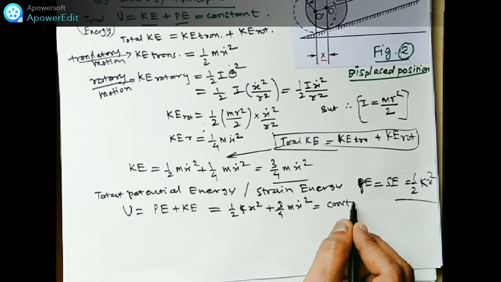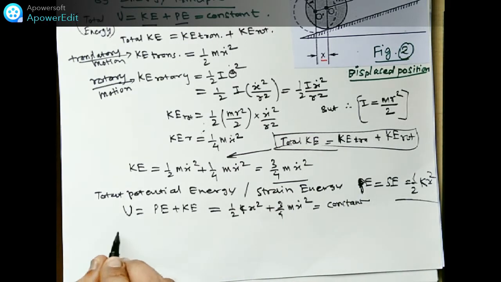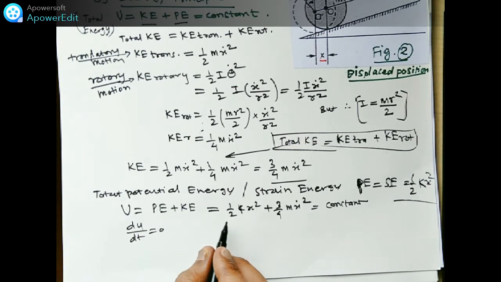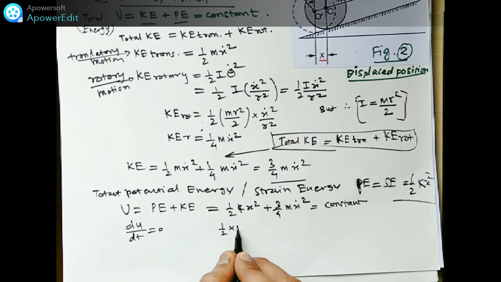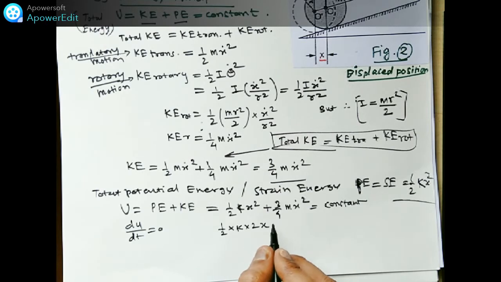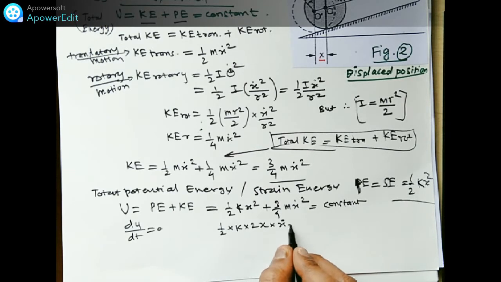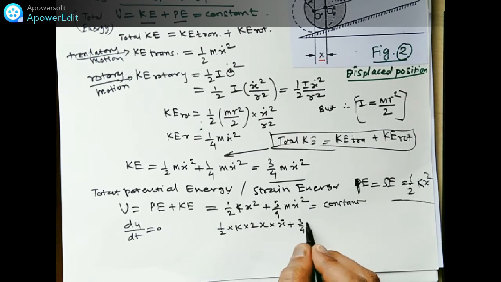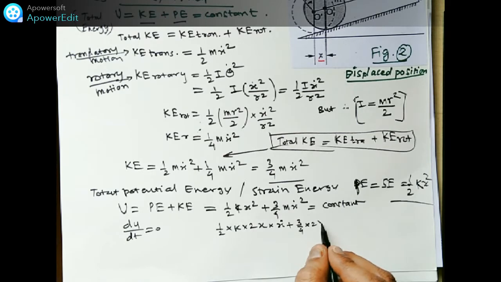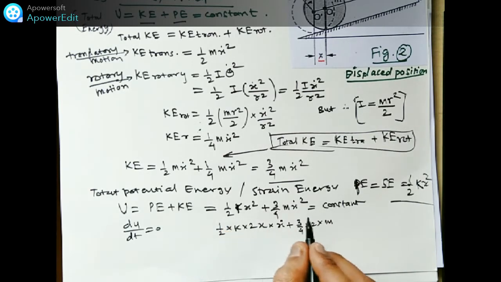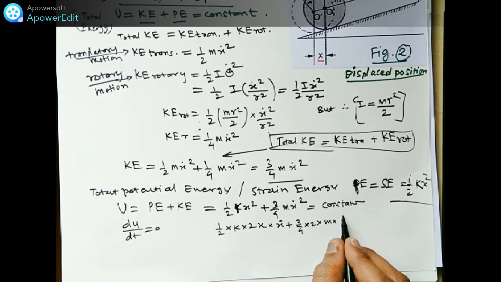Differentiating this, dU by dt becomes 0. So half into K into 2 x into x dot, plus 3 by 4 into 2 into m into x dot, is equal to 0.